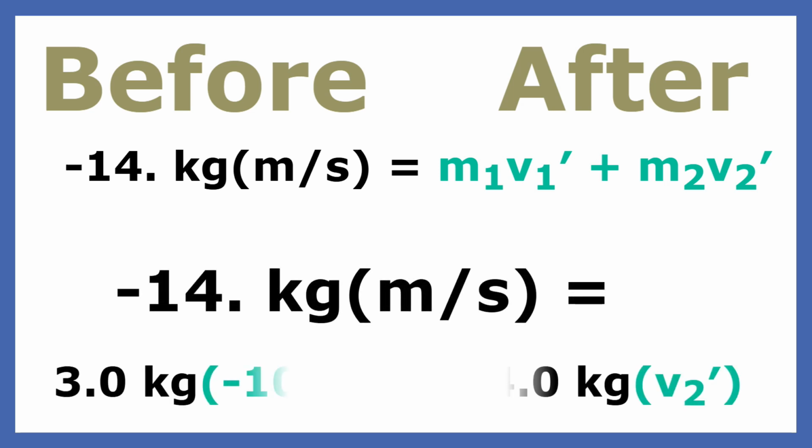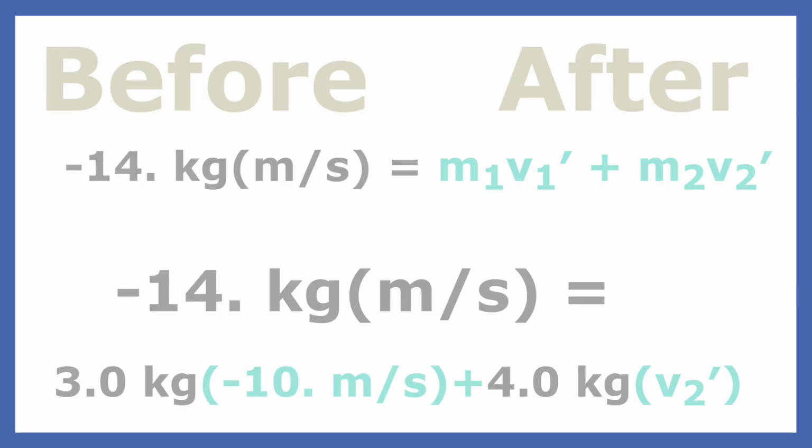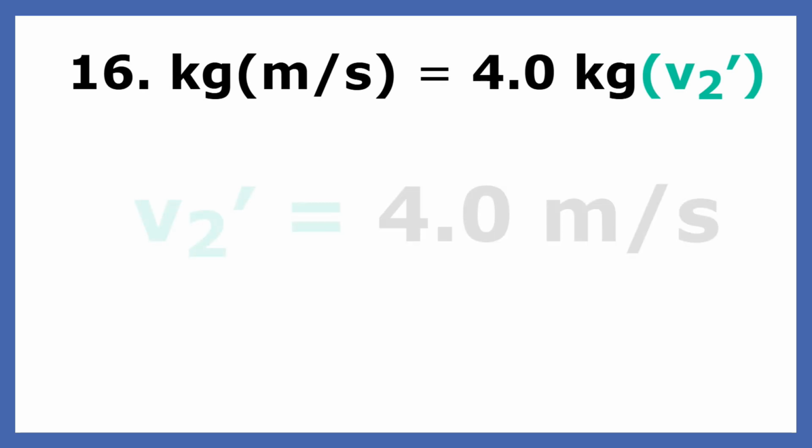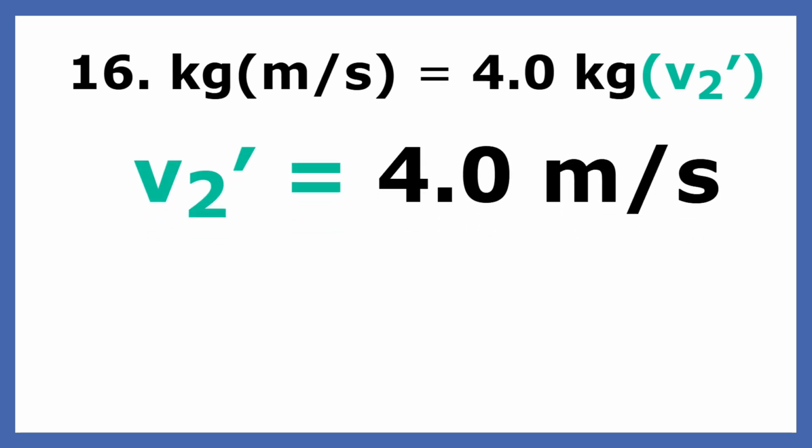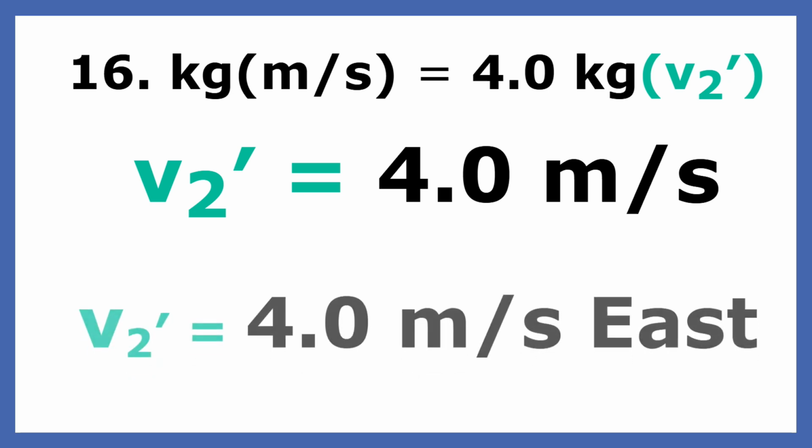Notice once again that the velocity of the 3 kilogram object is negative 10 meters per second. This is because it's traveling west. West is negative and east is positive. When you divide both sides of the equation by 4, we see that the velocity of the 4 kilogram object is positive 4 meters per second, or 4 meters per second east.